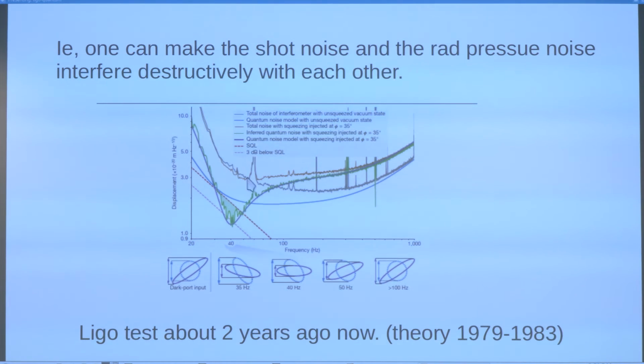Sorry, this curve is what you would expect to get. Then if they fed in that squeezed noise, you could get this curve here.